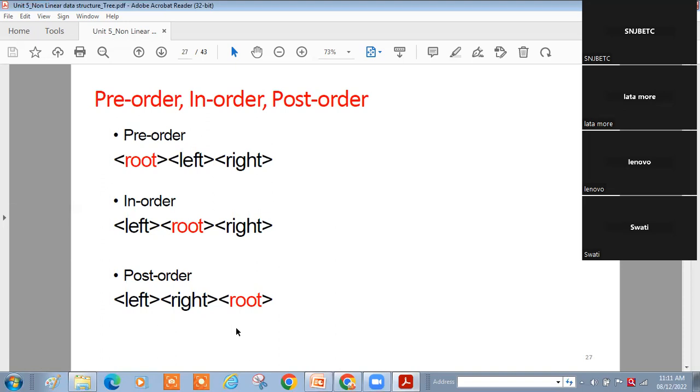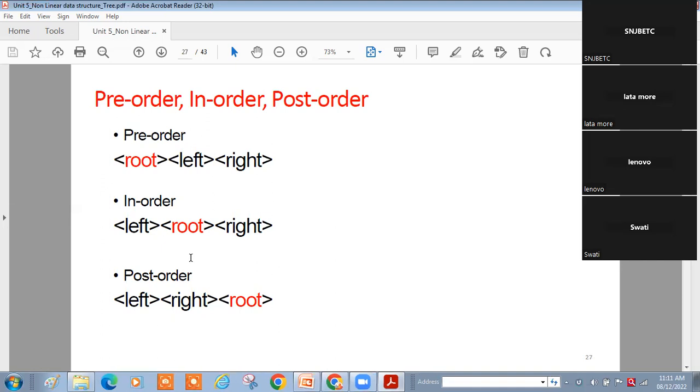When I am saying pre-order, pre means first, so the root must be kept first. When the root is kept first, it is called pre-order. In means in the middle, so the root must be in the middle of left and right.